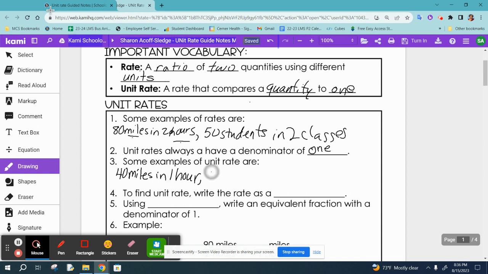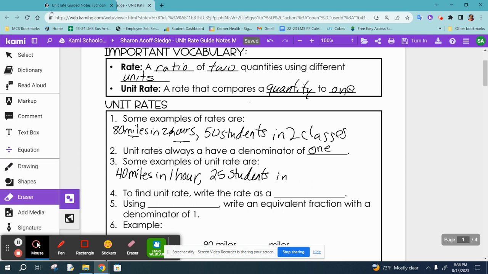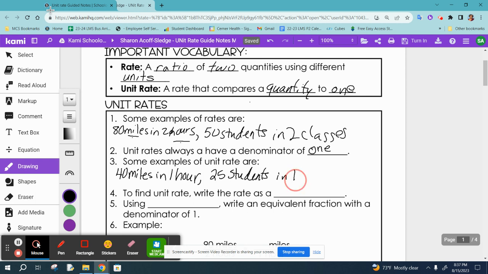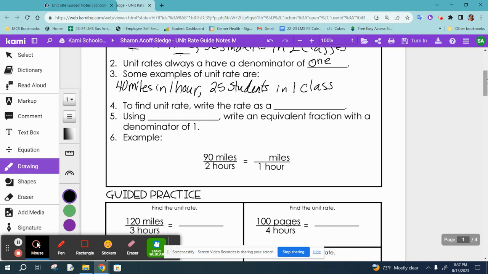Another example would be 25 students in one class. So that would be another example of a unit rate. I may be going fast, but you can slow the video down. You can pause the video, whatever you need to do.